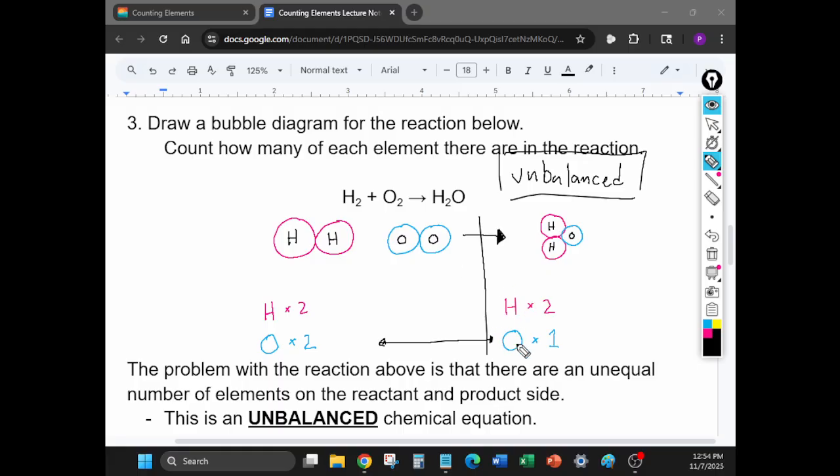What this means is there's an imbalance of elements on the left and the right side. This is a problem that we're going to learn how to solve in the next lecture. For now, we're just learning how to identify if there's a problem or not. In this equation, the problem is you don't have enough O's on the right side of the arrow.